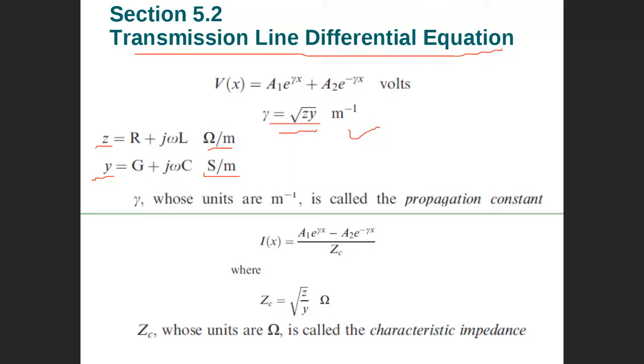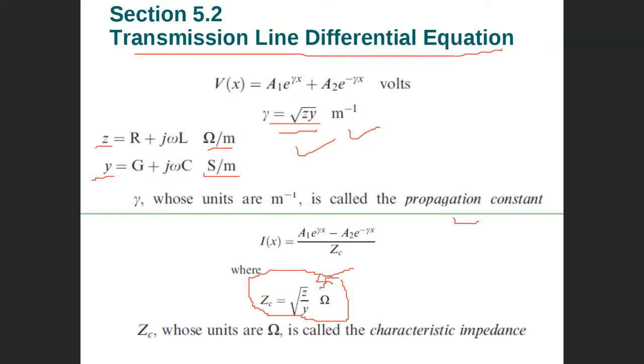The propagation constant units are per meter. And this is called the characteristic impedance, simply Z over Y. So if we multiply them, we get the propagation constant. If we divide them, we get the characteristic impedance.